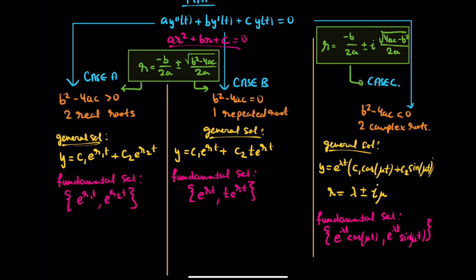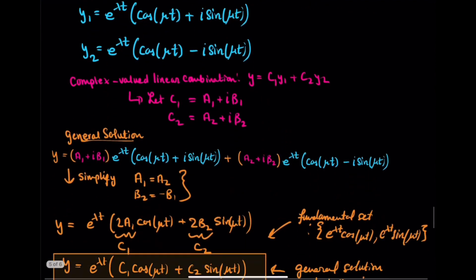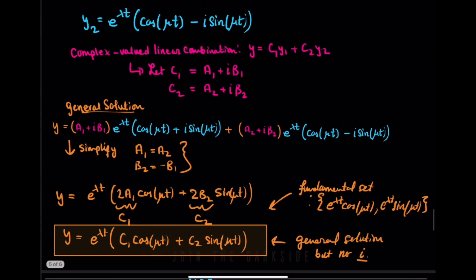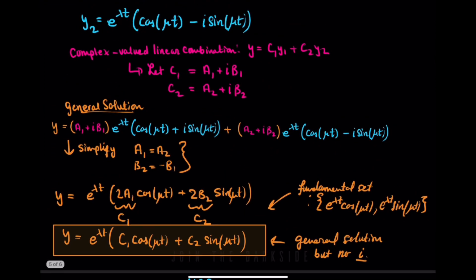And I wanted to clarify one more thing. I should have been more clear about the general solution and how I got this. Basically, these A1 and B1 and A2 and B2 are just some random constants. And you don't really need to worry about how we're getting here.